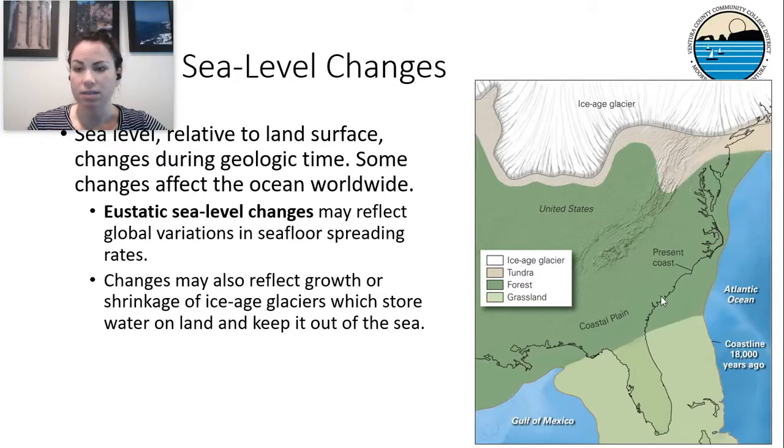Present day is this black line, and 18,000 years ago it was much further out. We use this information to figure out the bathymetry. We have an idea of where that coastline was because we can understand the slope of the coastline, so we use bathymetry to help figure out what sea level was like at one time.